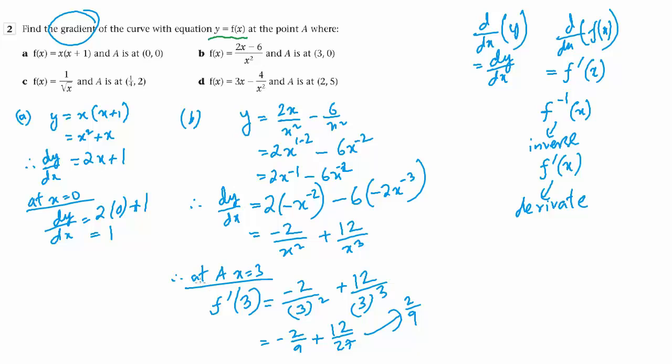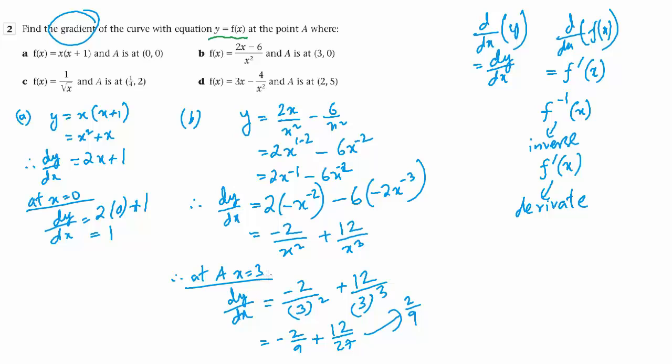Instead of f prime 3 here, we are going to write dy by dx. So see, there is not much of a difference by doing a sum in terms of a function or doing in terms of dy by dx.